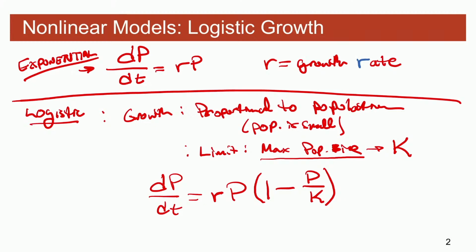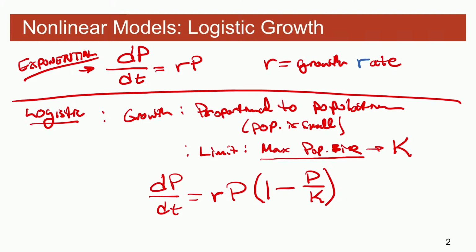Now imagine what's going to happen when you have a small population. Let's say that we are living on a planet that can handle 10 billion people. 10 billion people is the maximum number of people that can live on this planet. I don't know if that's the case, so don't quote me on that, but let's say that's the case.